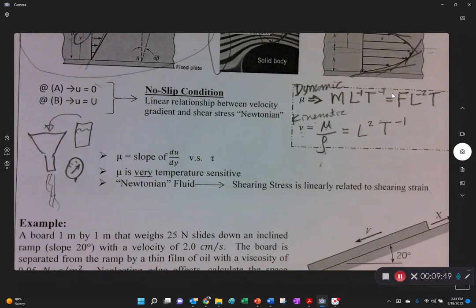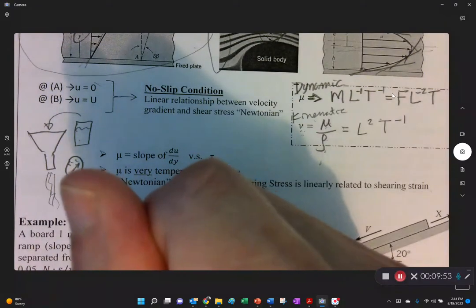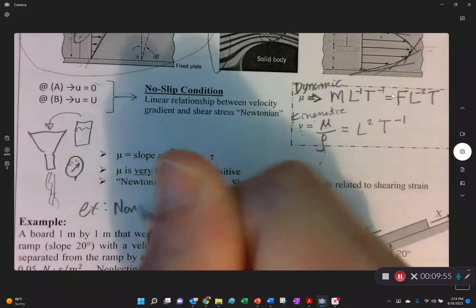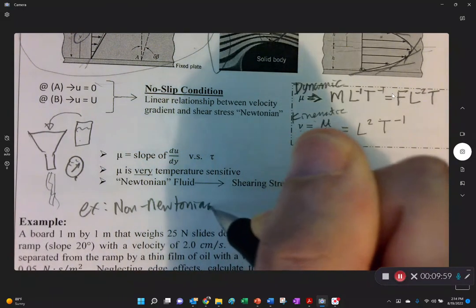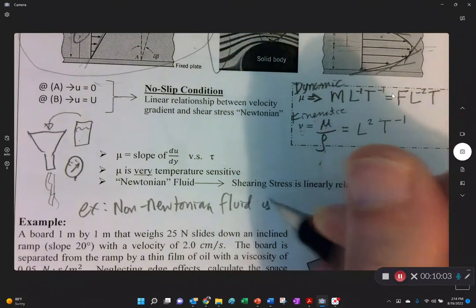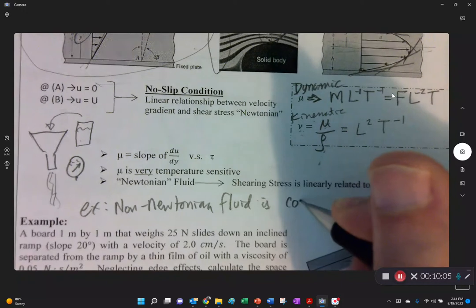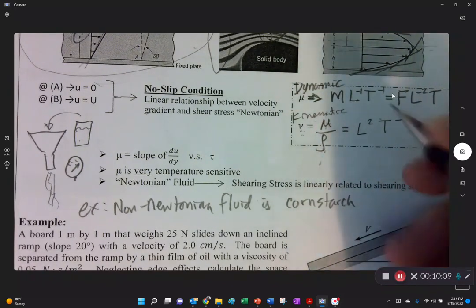It's easier to explain by way of a non-Newtonian fluid. An example of a non-Newtonian fluid is a cornstarch solution, which often is gravy.